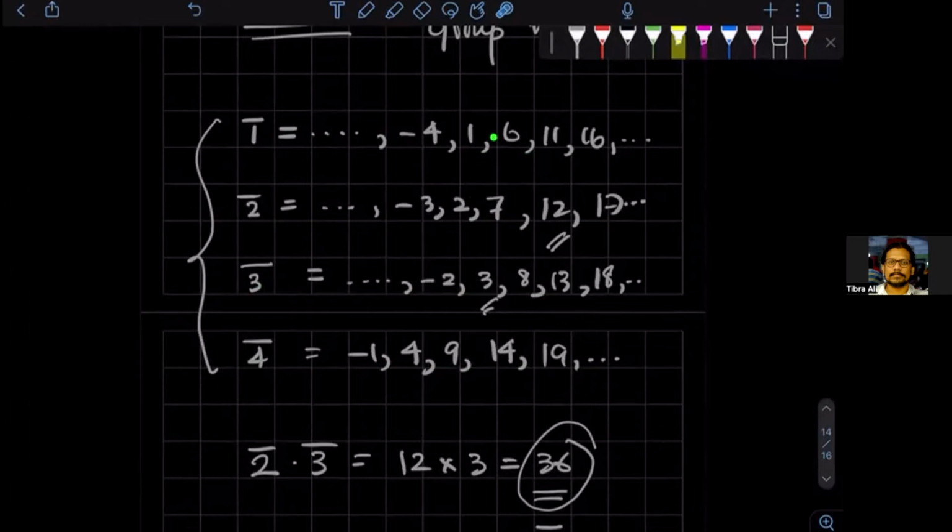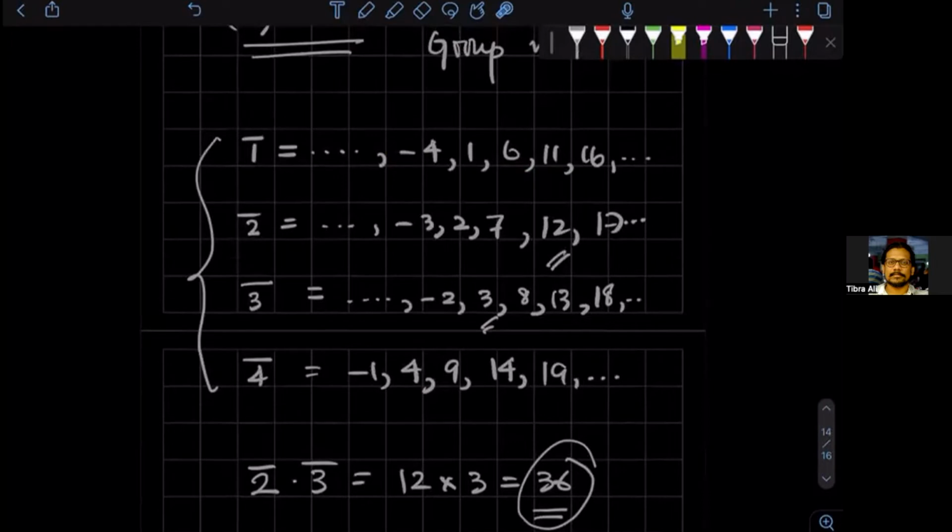Right, so there's no 0, there's no 5, there's no 10, so none of the representatives are divisible by 5. So as the leftover when we divide, we have basically either 1, 2, 3, and 4, right? So that's how these equivalence classes have been made up.